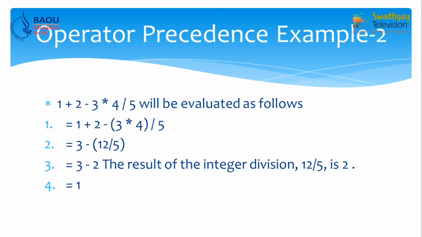So, 12 by 5 is performed second, and 12 by 5 results in 2, because when we divide one integer by an integer, the result is always an integer. So we have 2, and then 1 + 2 is 3, minus 2, which ultimately results in 1. So our answer will be 1.